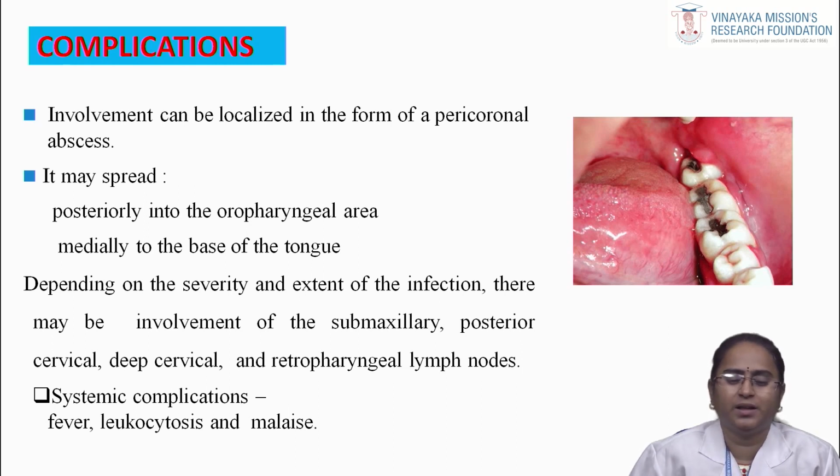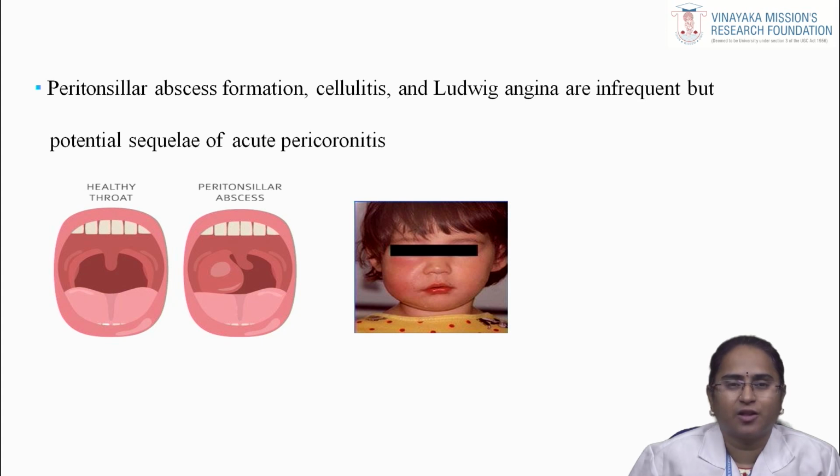Depending on the severity and extent, other regions may also be involved. Systemic complications usually include fever, leukocytosis and malaise. Peritonsillar abscess formation can also be seen, and when it extends deeply into the tissue, it causes cellulitis and Ludwig's angina. These are the consequences of pericoronitis.